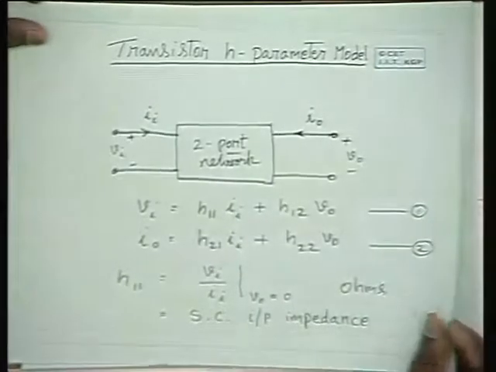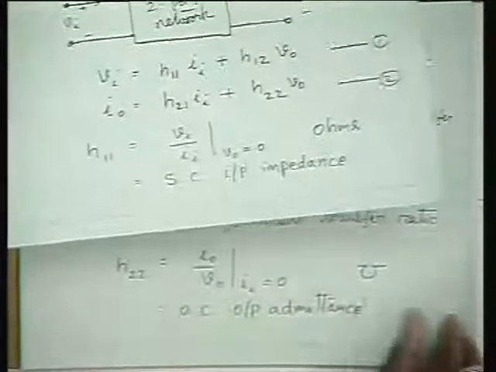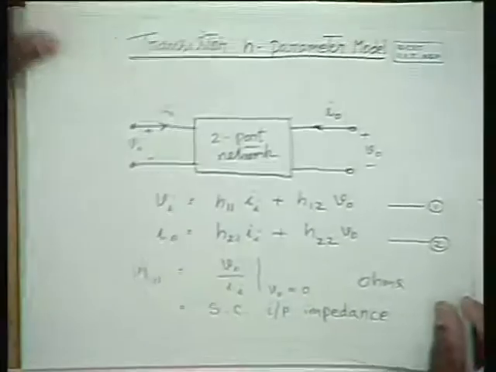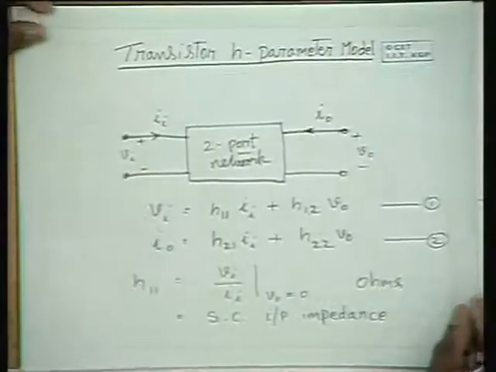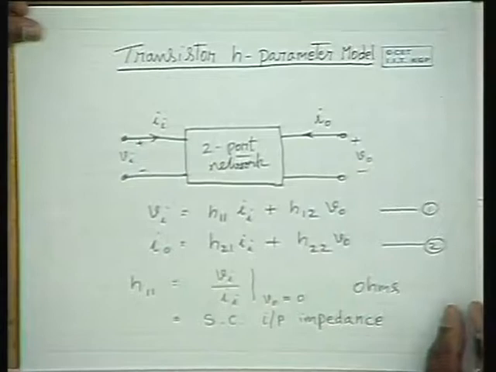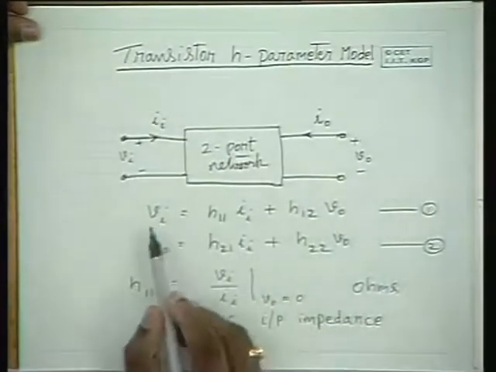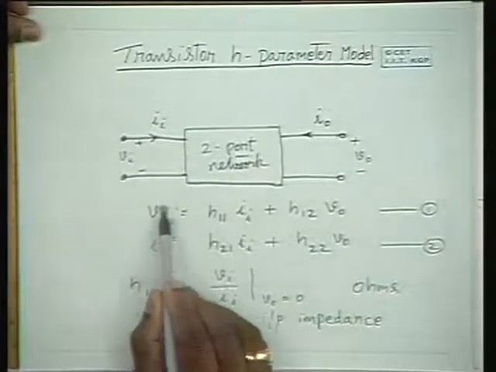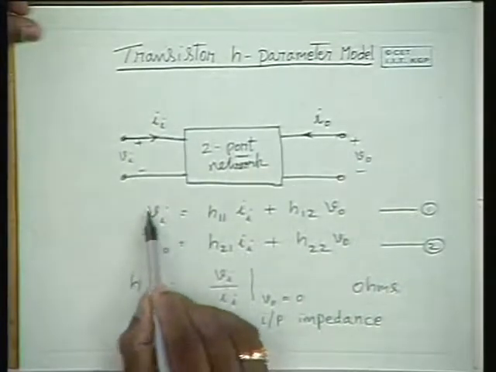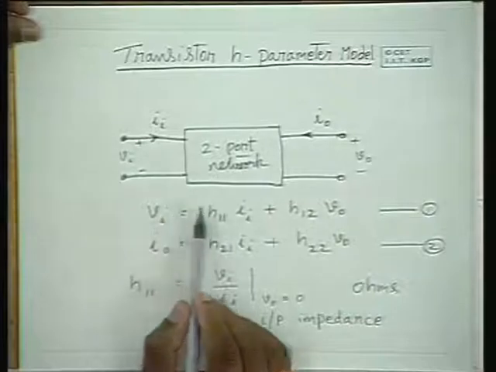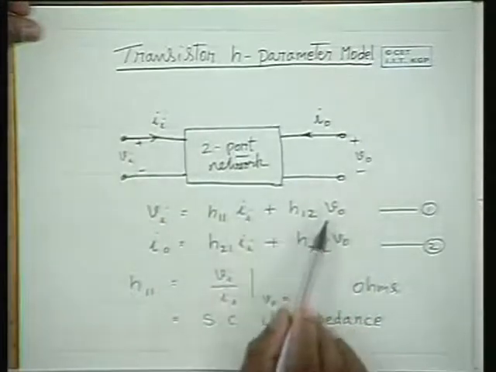Now let us obtain a circuit model from these equations. These are mathematical equations. Let us represent these equations in circuit form. Please note that here the input voltage Vi is expressed as the sum of two quantities.